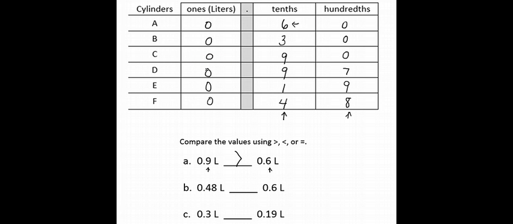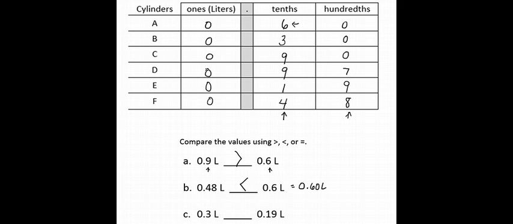That means altogether A has more water because 6/10 is the same as 60 hundredths. 60 hundredths would be more than 48 hundredths. So 48 hundredths of a liter is less than 6/10 of a liter, or 60 hundredths of a liter.